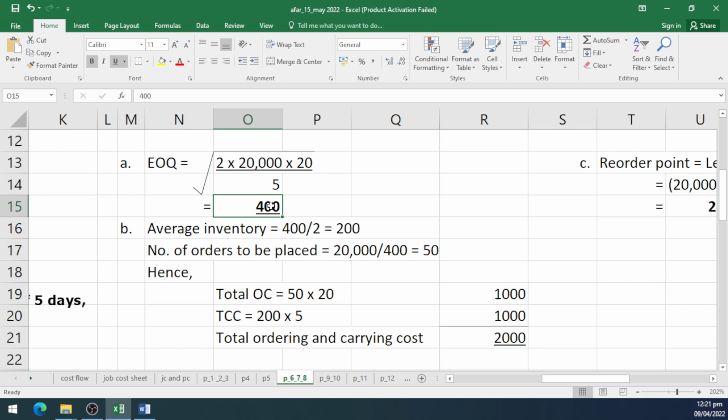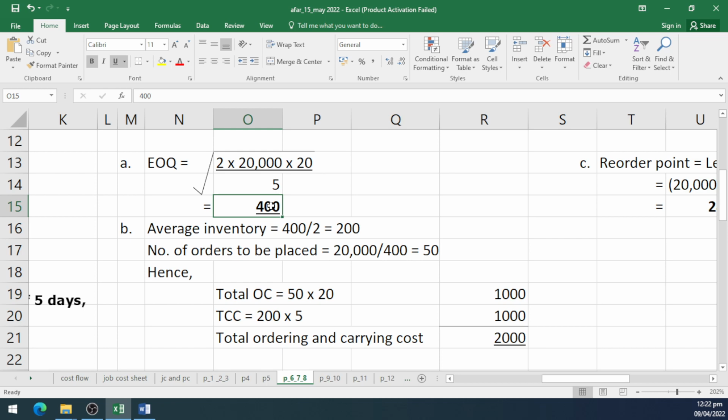Assuming 20,000, that's constant for the year. The reality is it will vary. Magbabago-bago yung requirement kasi depende kung ano ang needs, depende kung ilan ang demand. But to simplify the computation, we assume that the annual usage is constant.